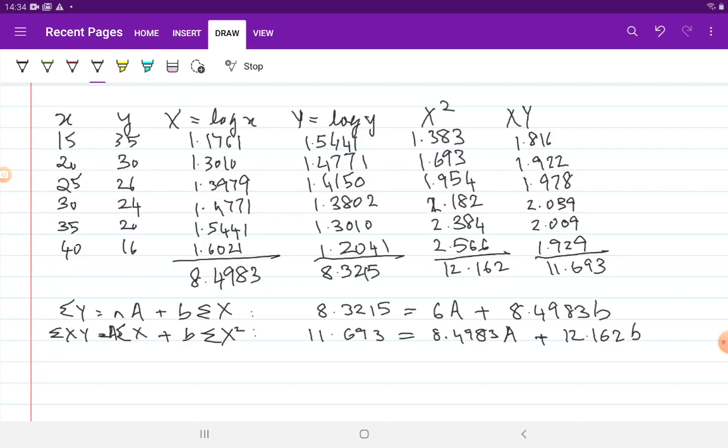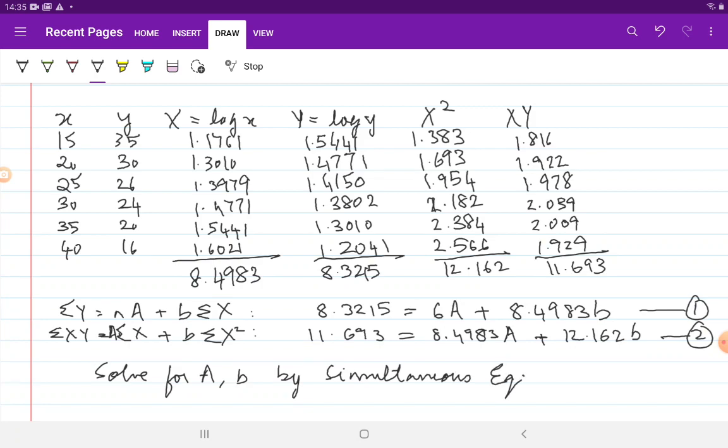So as you can see, you have got two equations in two unknowns. Numbering these equation 1 and equation 2, solve for capital A and B by the simultaneous equations method. So that means you can use the elimination method.